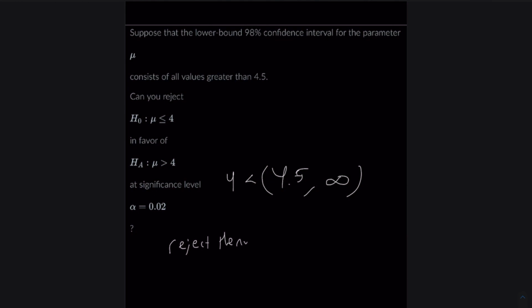It doesn't matter what our significance level is here, because they're just telling us how they made the confidence interval. Every value in the confidence interval is greater than 4, so that means we have to reject the null.